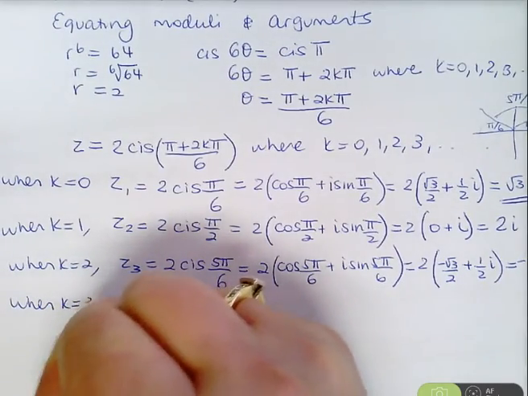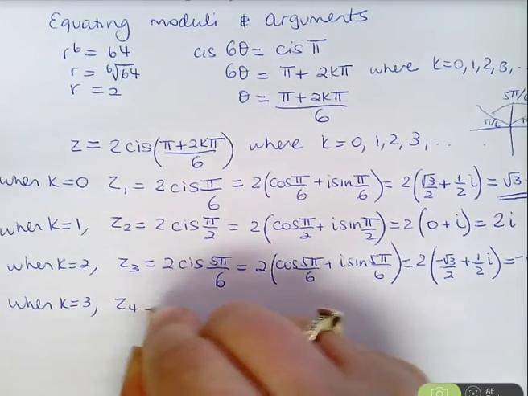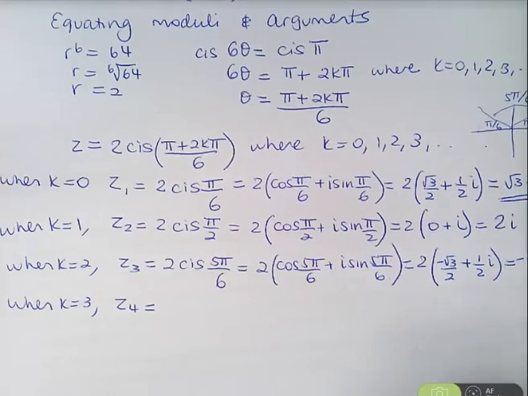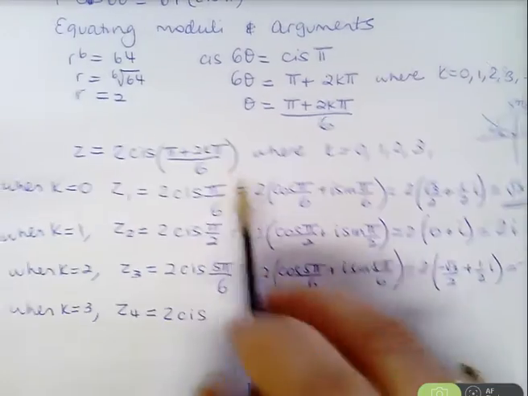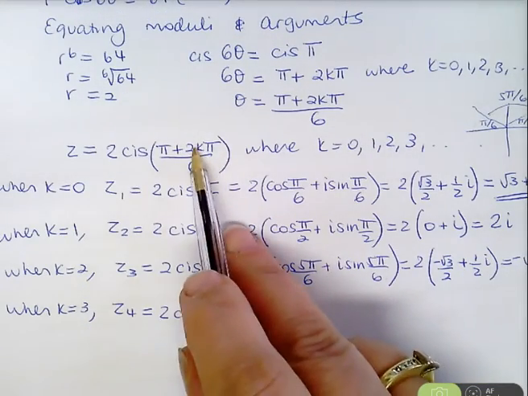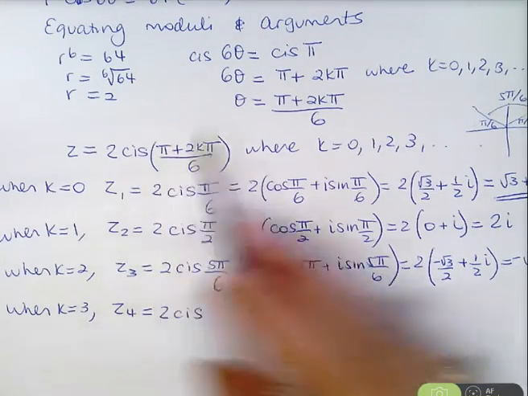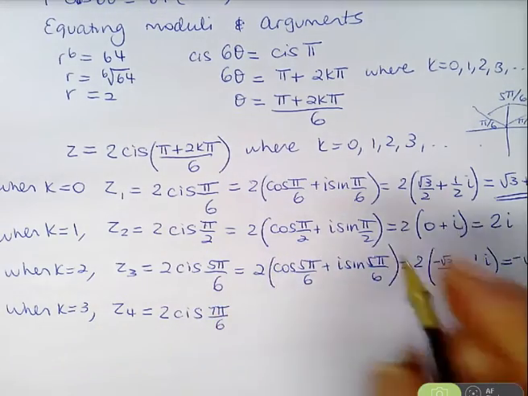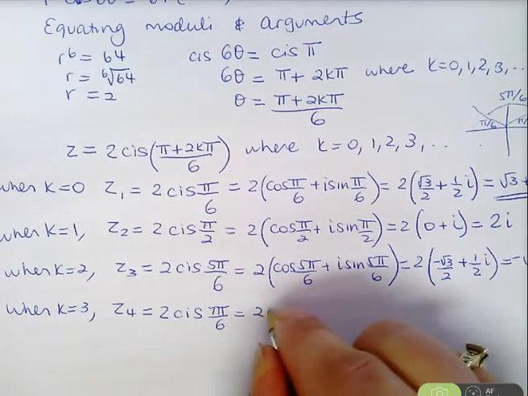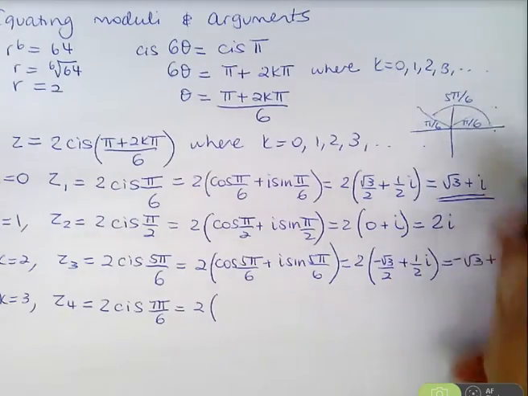Next, when k is 3, z4, the fourth root, will be 2 cis. When k is 3, we get 2 times 3 is 6 pi plus 1 pi, that's 7 pi on 6. But we don't want to leave it as 7 pi on 6. Where is 7 pi on 6?